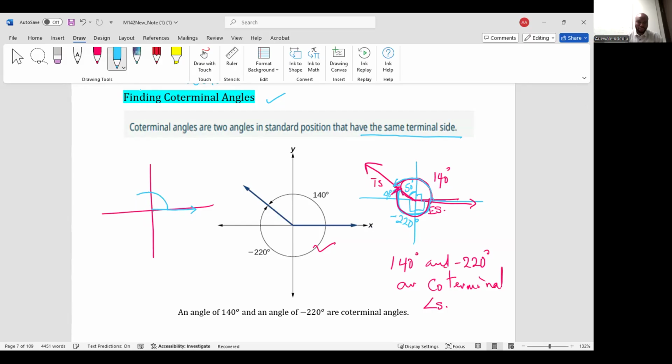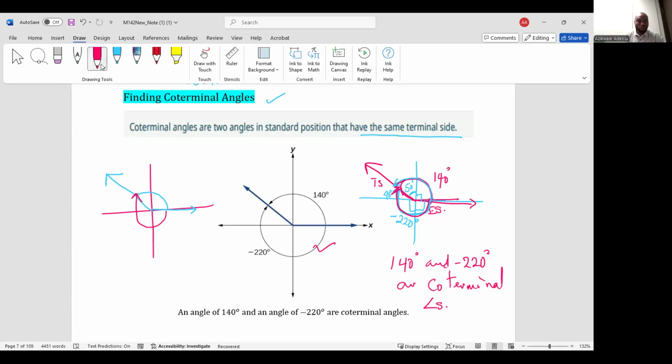So let me just stop here. This is my initial side, my terminal side. Now, my claim is that if I start here and move here, the angle I'm having here will be coterminal with the first one.